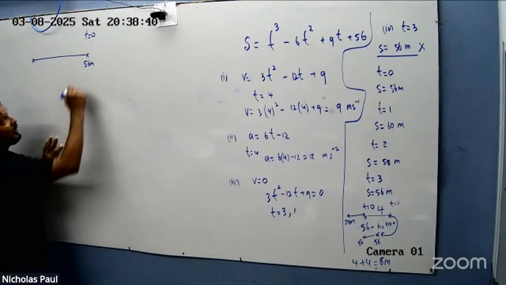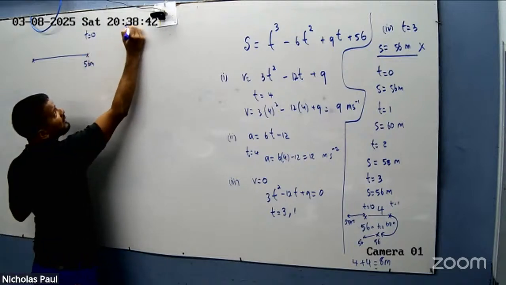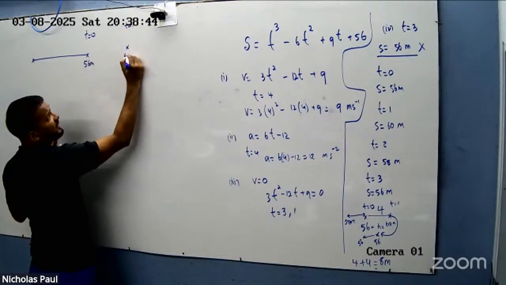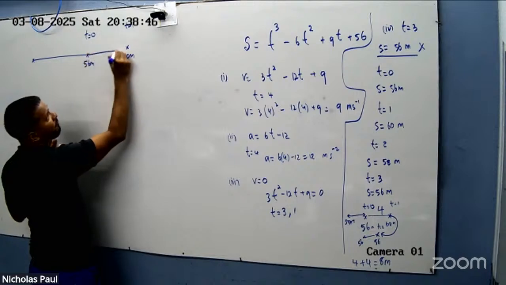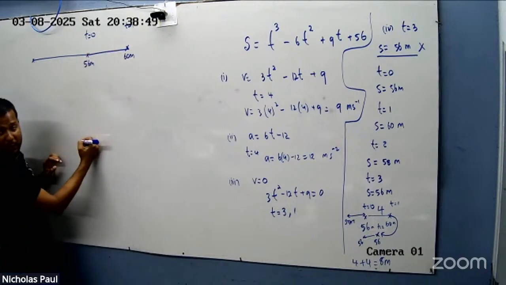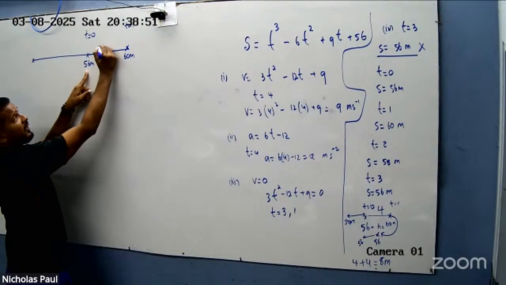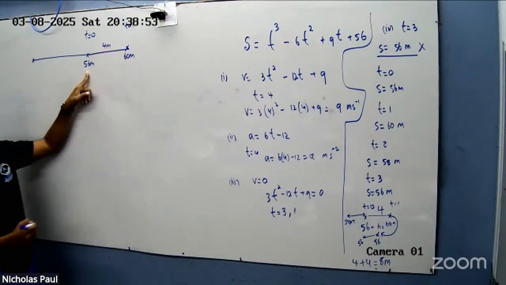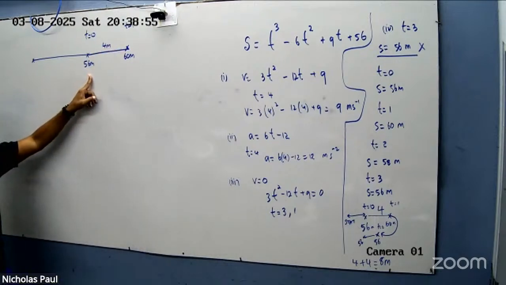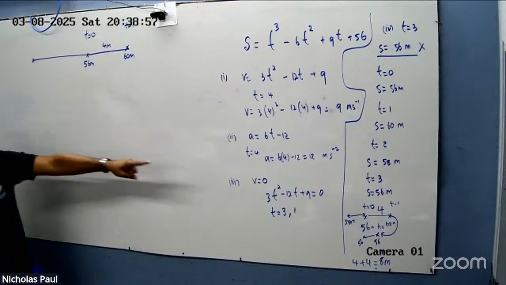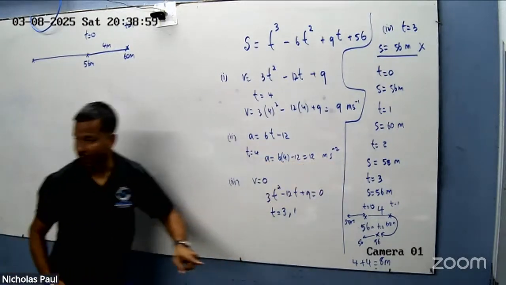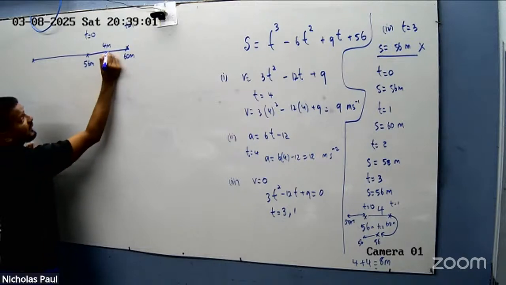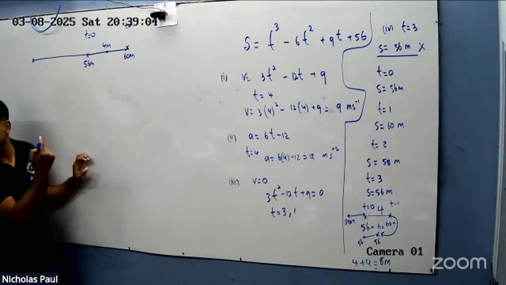Then when t is equal to 1, he was at the 60-meter mark. You okay with that? From here to here, he traveled 4 meters. When t is 2 now, he was at the 58-meter mark. So that means he came back here. So he's going back the other way.